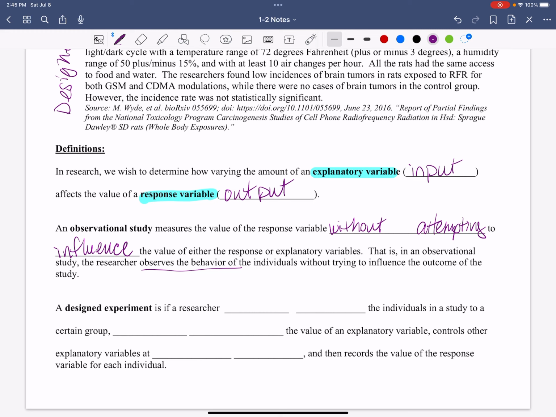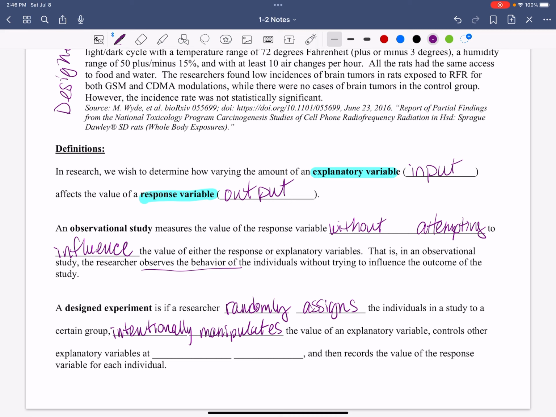Okay. And then in contrast, a designed experiment is if a researcher randomly assigns the individuals in a study to a certain group and intentionally manipulates the value of the explanatory variable at fixed values.